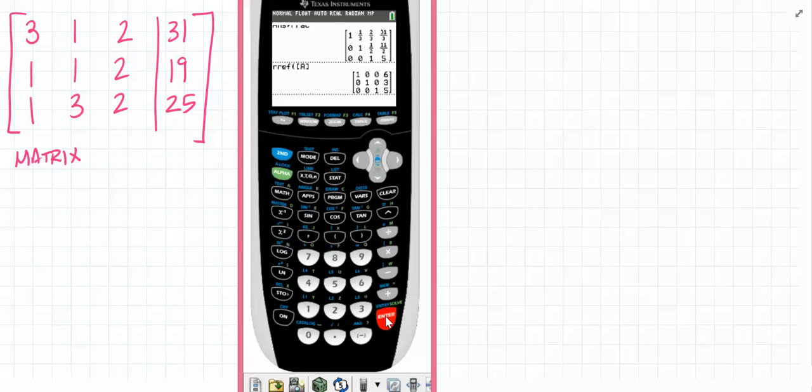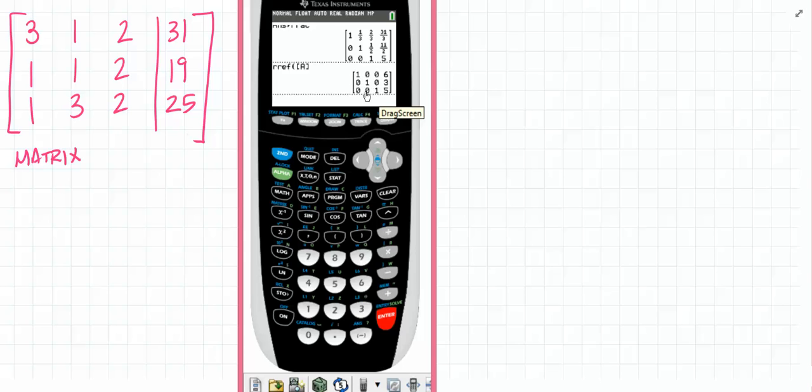Okay, why is this the golden nugget of all matrix problems? Because it gives you all the variables like Noah just said. Look, what's x worth? 6. What's y worth? 3. And z is worth 5. So the calculator gave us reduced row echelon form, and you'll notice that I still have 1s in the main diagonal, but I also have that golden lower triangle and, in addition, a golden upper triangle.